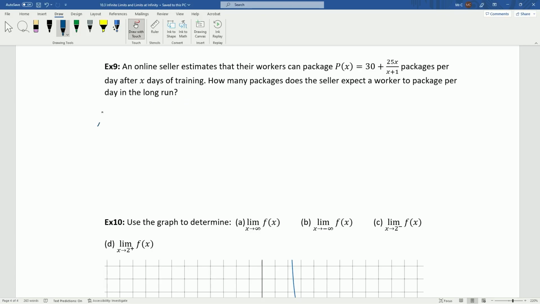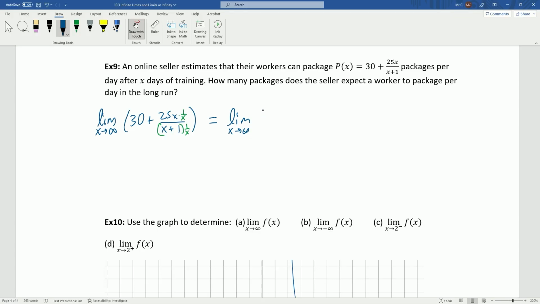Well, that just means take the limit, right? Take the limit as the number of days goes to infinity. That's what we mean when we say something generic like in the long run when we're referring to the behavior of a function. Oh, well, how do I do this? Well, this is a polynomial divided by a polynomial, so I'll multiply by 1 over the highest power of the denominator, just like before.